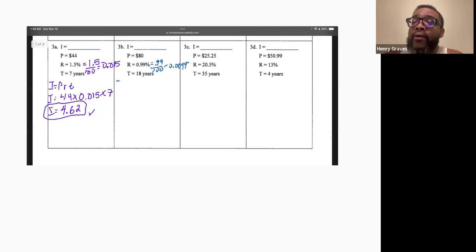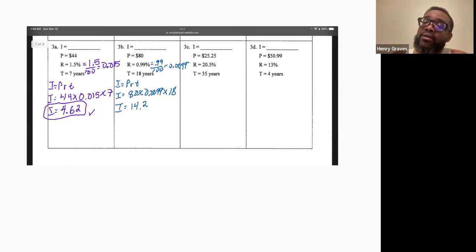So I is 80 times 0.0099 times 18. And my hunch is he only has to pay back $14 and 26 cents. So if you add it up, he only has to pay about $94, which is pretty good for a guy who had to borrow $80 to start off with, right?